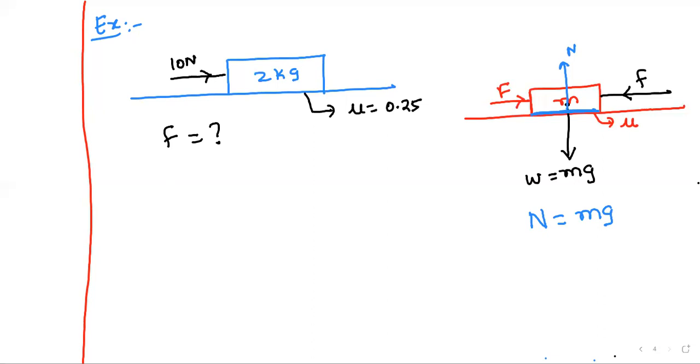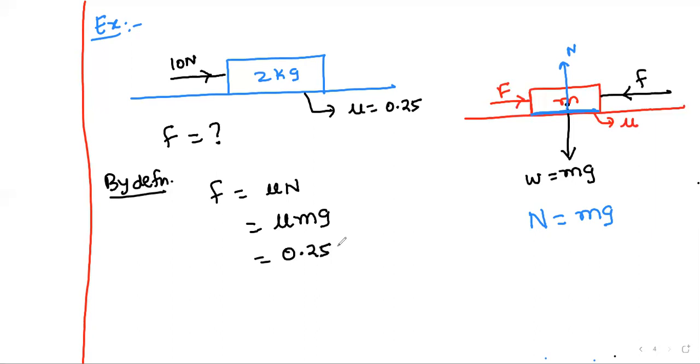By definition, I can write F equal to mu times N. Here we know that the normal force on an object placed on a horizontal surface is mg, which is also the weight. So 0.25 times mass 2 times g, the acceleration due to gravity, which I can approximate as 10 meters per second squared.